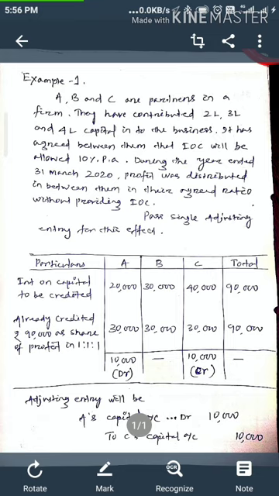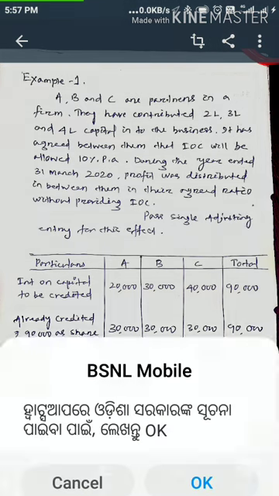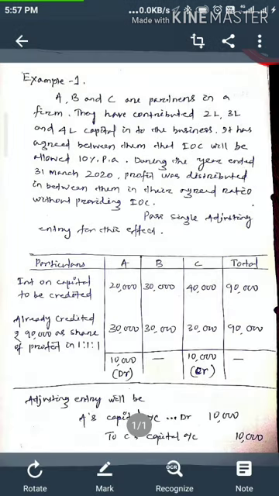So we will punish him and debit 10,000. Now B has to take 30,000 and he has taken 30,000, so there is no mistake for him; he is perfectly balanced. Now C has to take 40,000, but he has taken only 30,000.